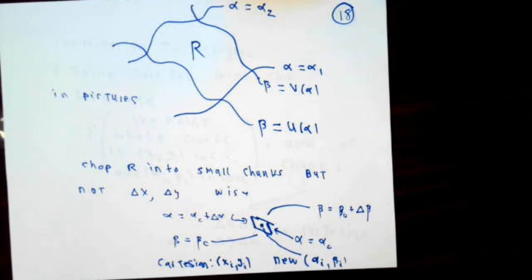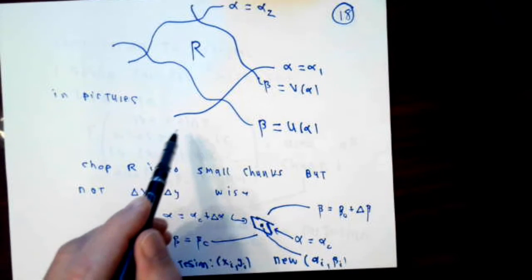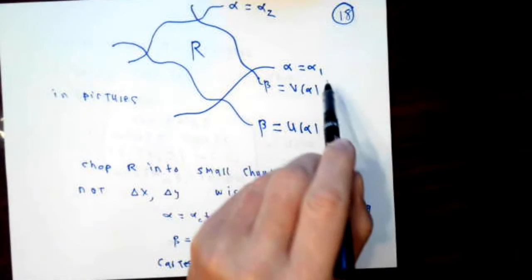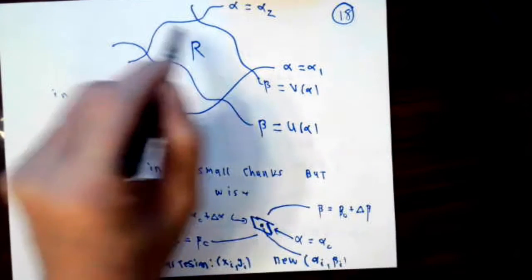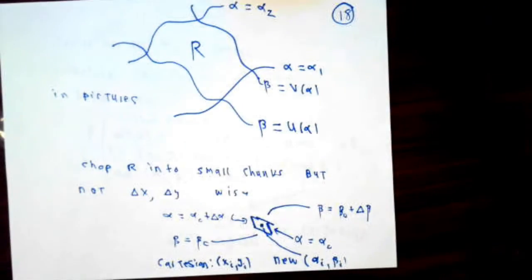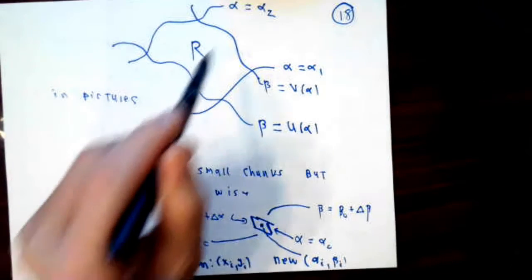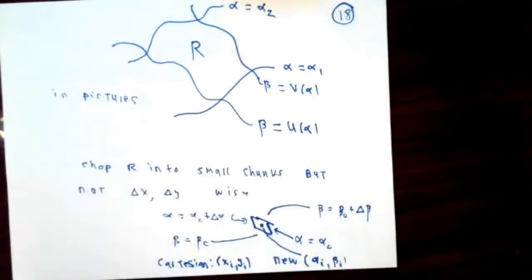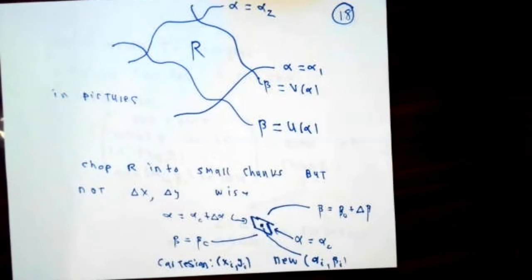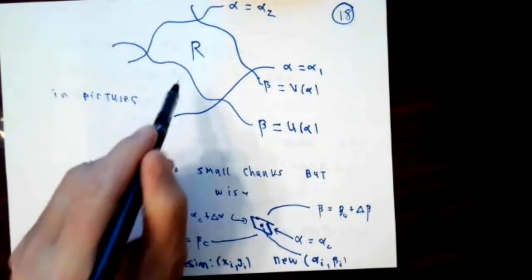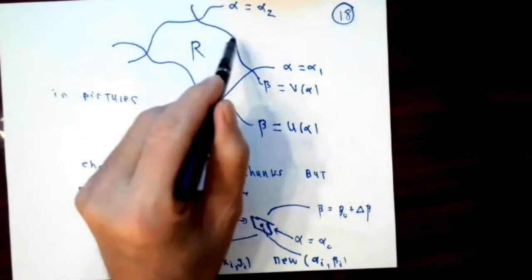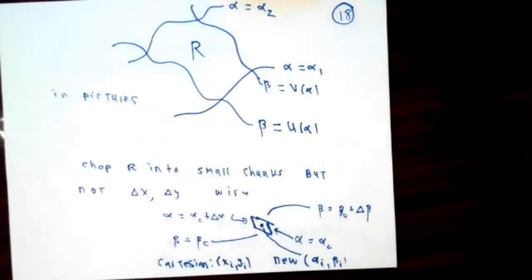So the region that I'm going to think about now, alpha can be anything from the number alpha 1 out to the number alpha 2, and it's going to be bounded on the other two sides by beta being a function of alpha, u of alpha here, and v of alpha here.